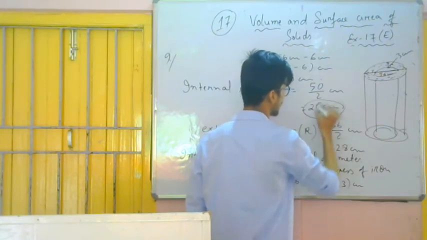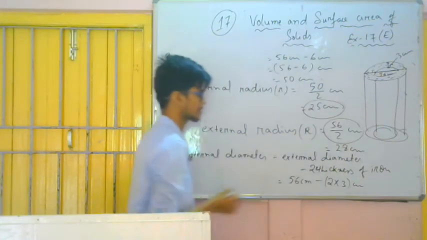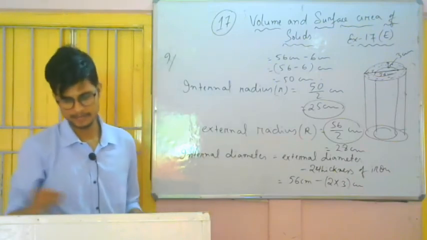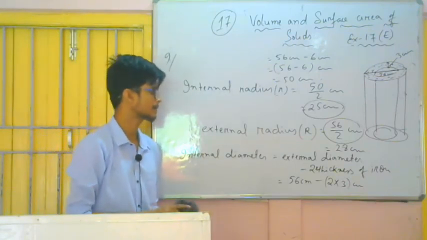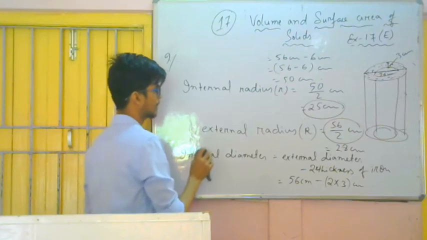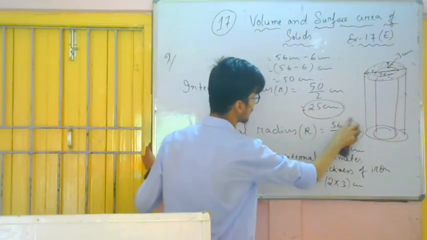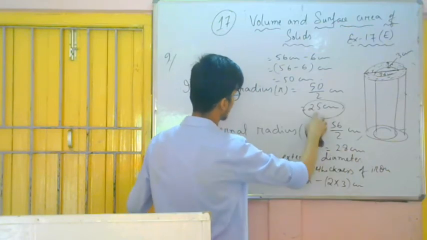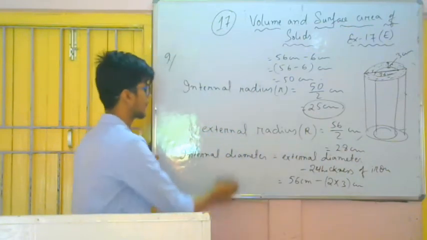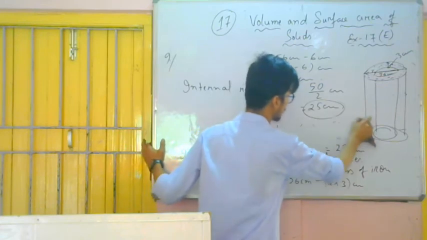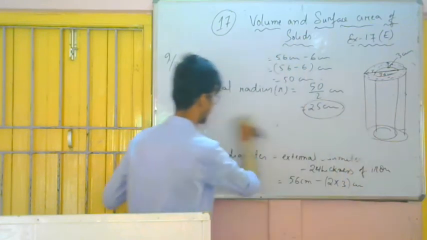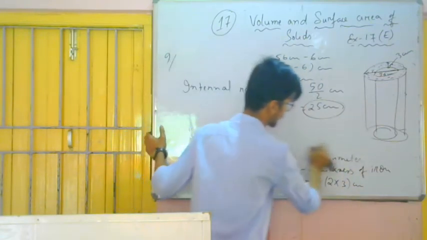So this is the internal radius, this is the external radius. So I can easily find the volume of the hollow cylinder. The external radius is 28 centimeter and the internal radius is 25. I will put these values in the formula and find the volume of this iron.